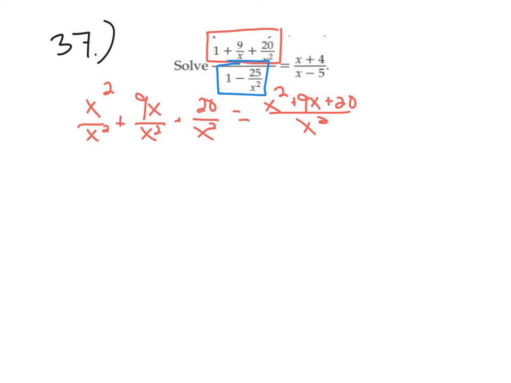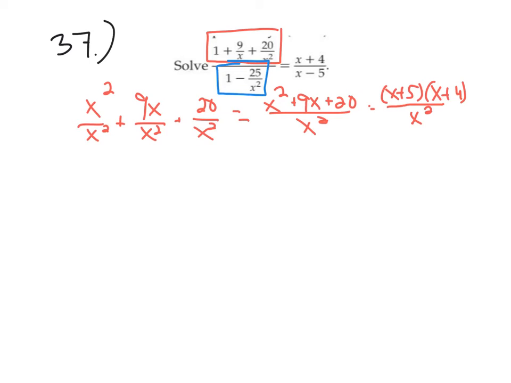And at this point, when you see a trinomial, you should think about factoring if you can, and this one we can. It's going to be x plus 5, x plus 4. So that's what our numerator on our left side of the equation is.